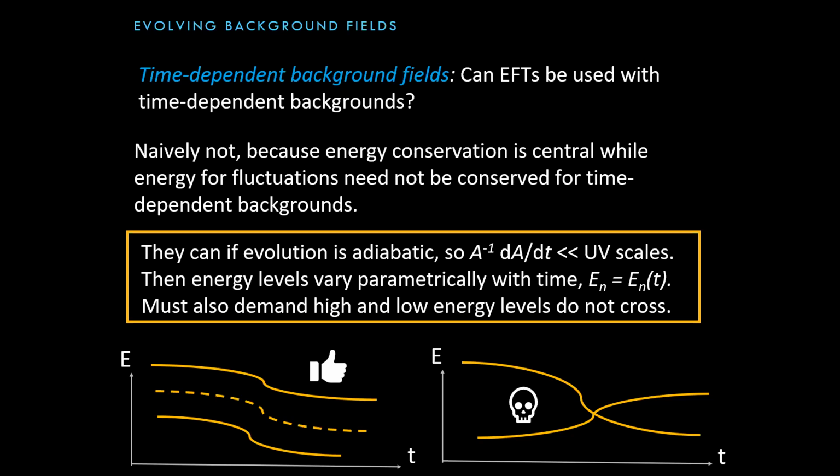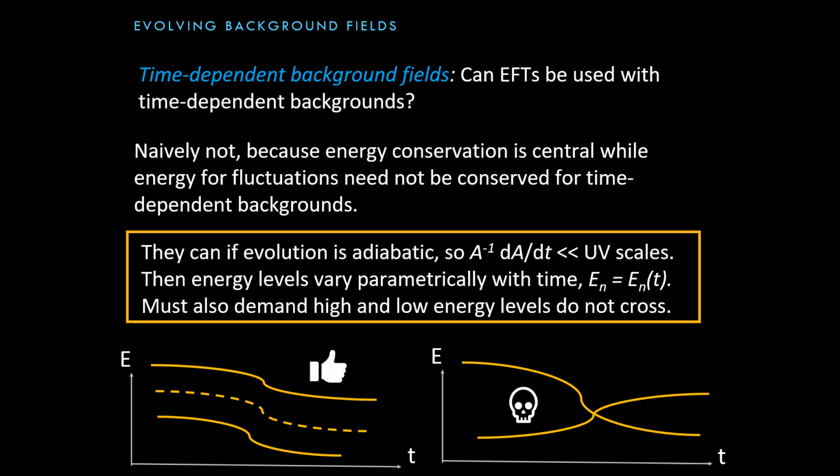And the point of the adiabatic approximation is that the evolution of the background is slow compared to the timescales of the physical processes that we're interested in, so we can think of the energy as being parametrically a function of time.